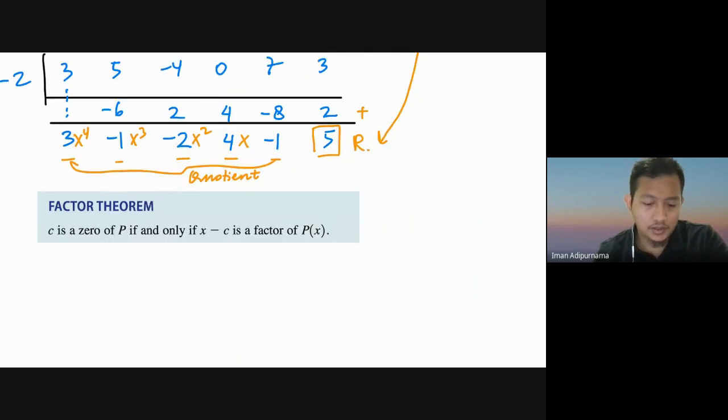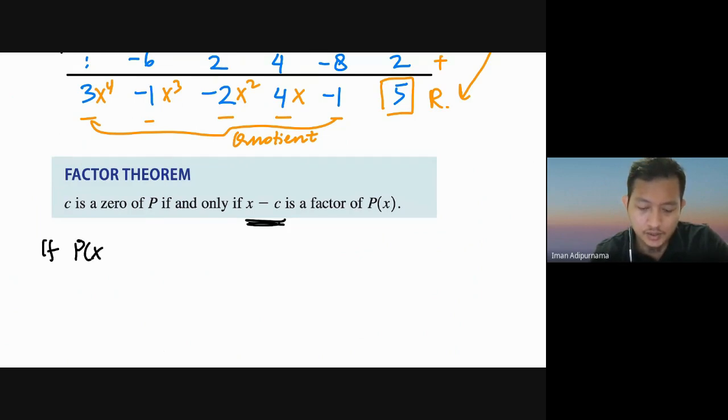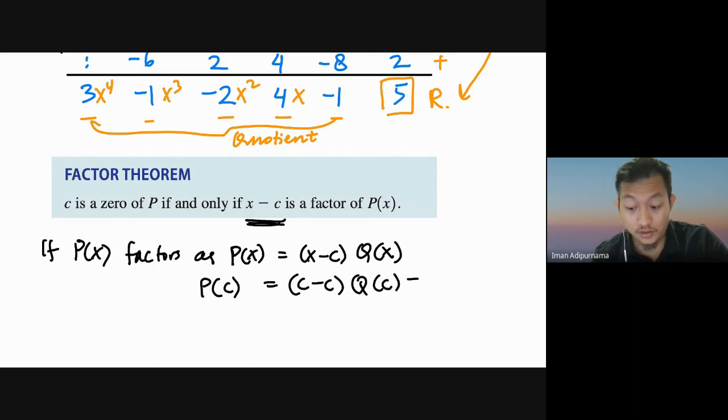The other theorem that I think is important is the factor theorem. So c is a 0 of P if and only if x minus c is a factor of P(x). I think that's reasonable. So if P(x) factors as P(x) equals (x minus c) times Q(x), then when you have P(c), it should be 0, right?